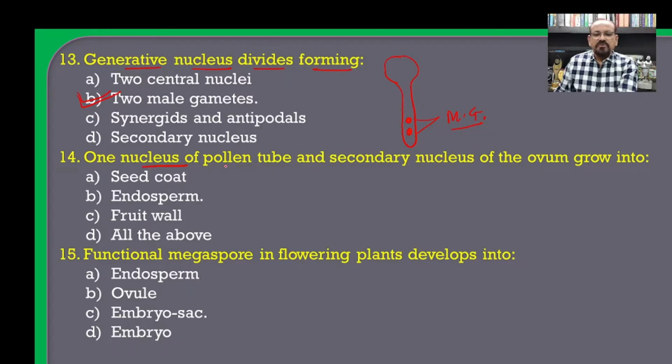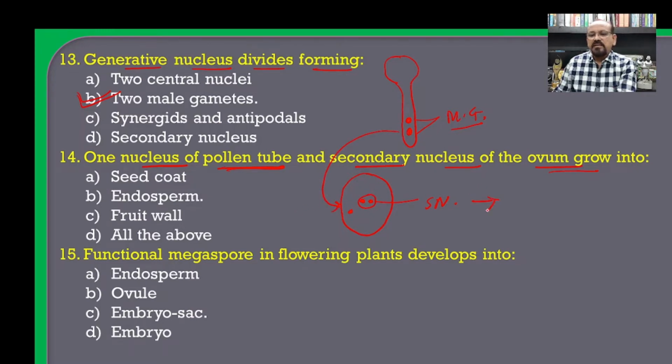Then one nucleus of pollen tube and secondary nucleus of the ovum grow into... It means that in a female gametophyte, after fusion of the two central nuclei with each other, there is formation of the secondary nucleus. With this, again there is fusion of one of the male gametes.